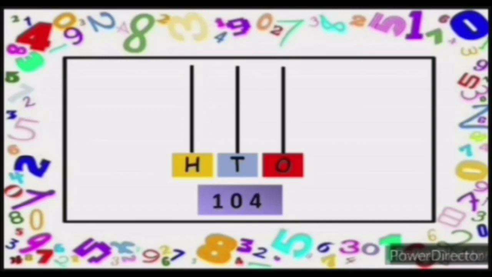Next, see another example. Here the number is 104. See the ones place. Which number is written? 4. So, how many beads will we draw in the ones spike? Yes, 4 beads. Let's draw. 1, 2, 3, 4.